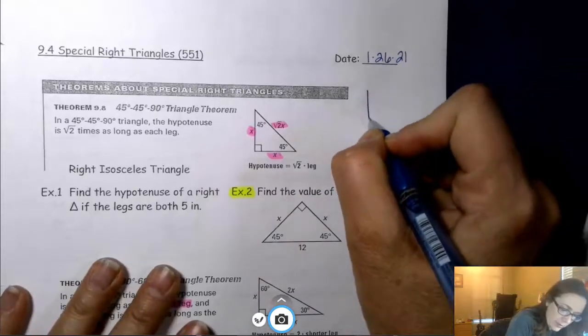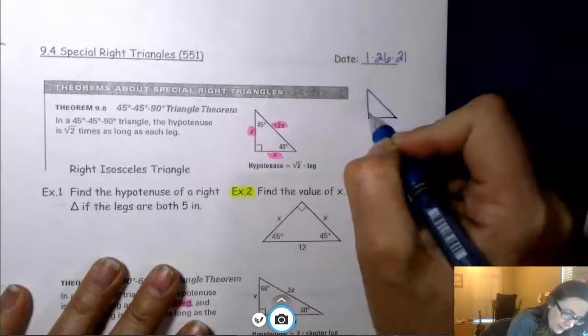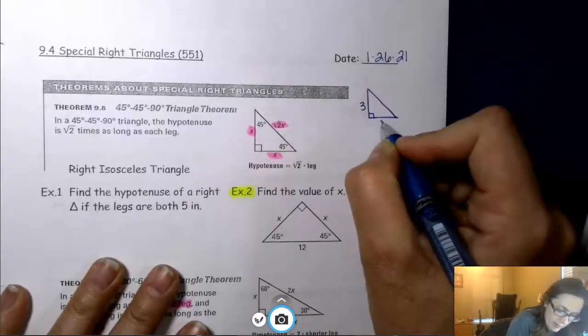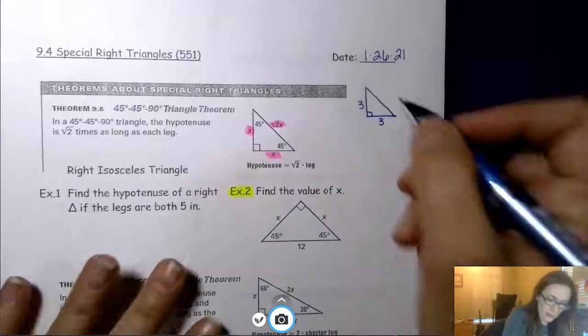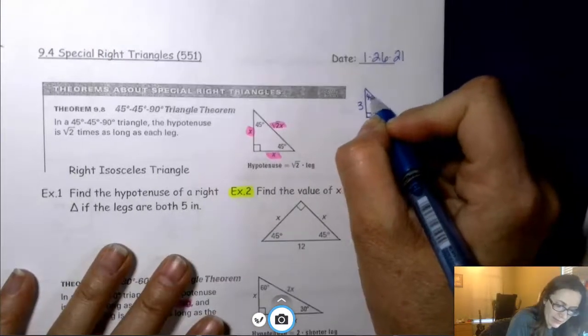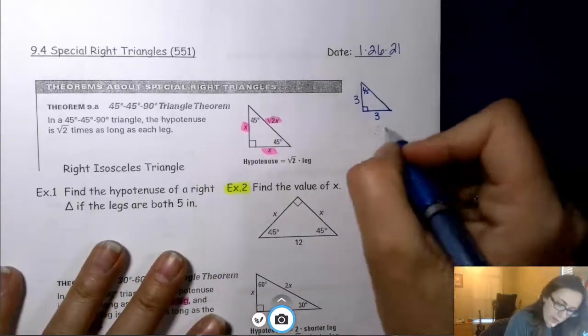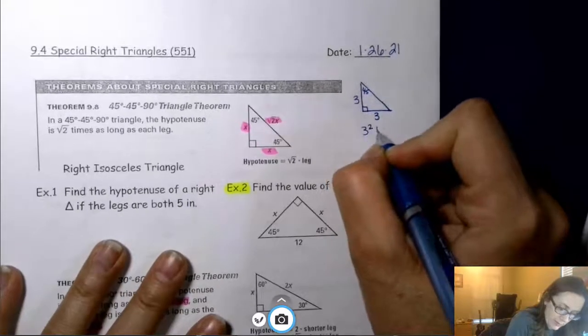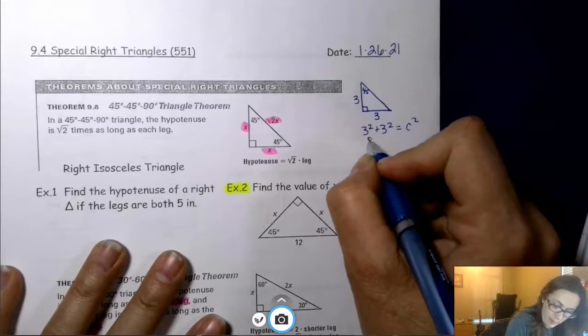To give an example, let's say we have a right triangle where this is 3 and this is 3. If you know those are both 3, you know it's a 45, 45, 90 because it's an isosceles right triangle. Go ahead and use the Pythagorean theorem to figure that out. So we're going to do 3 squared plus 3 squared equals hypotenuse squared, 9 plus 9.